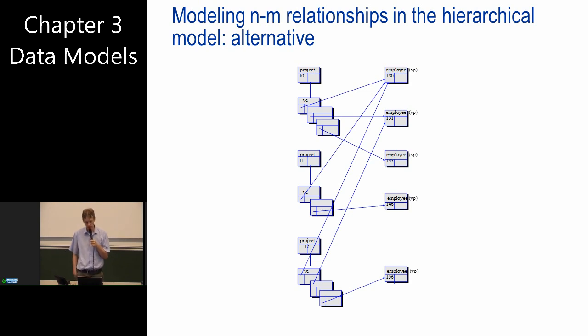This is one way of dealing with the redundancy of modeling many-to-many relationship types in the hierarchical model, but it's not a very nice way because we have to include a virtual construct, the virtual child, which for an end user is not very easy to understand. It is very abstract.